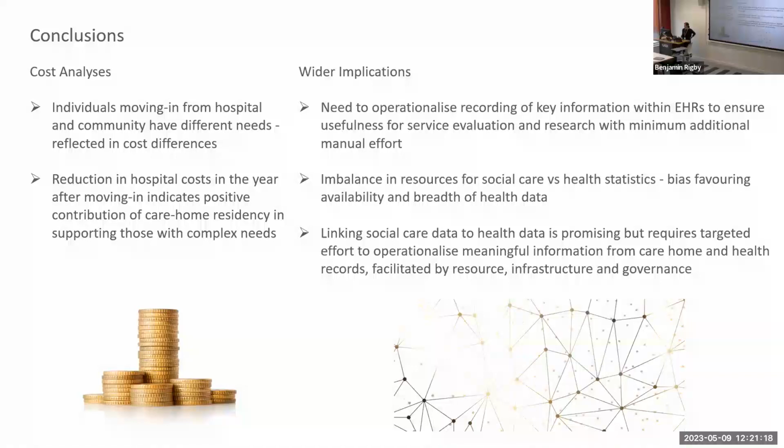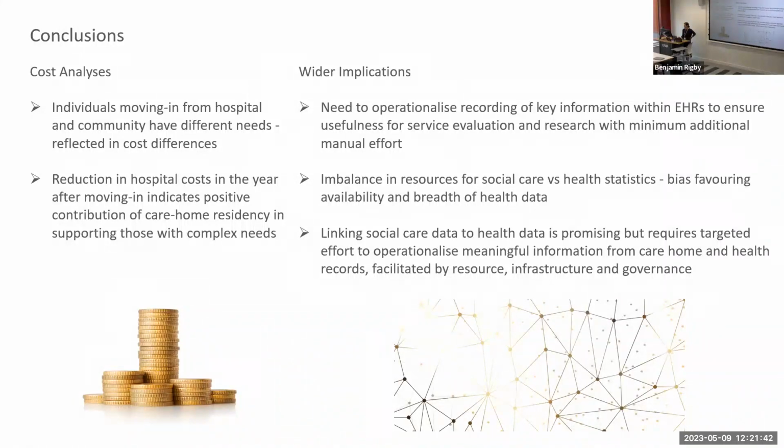But there are also wider implications, as I alluded to in the beginning. We need to make sure that we operationalize recording of key information within electronic health records so that they're really useful for service evaluation, but also research, with minimal additional effort.